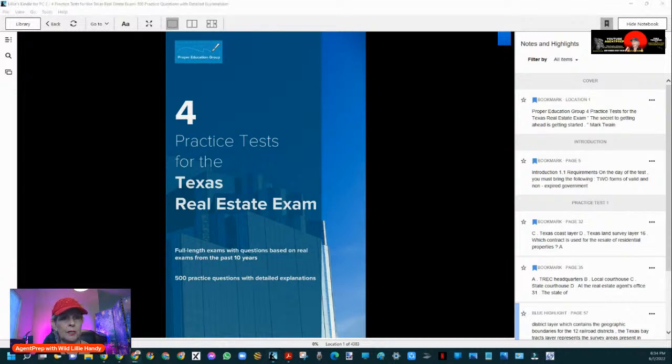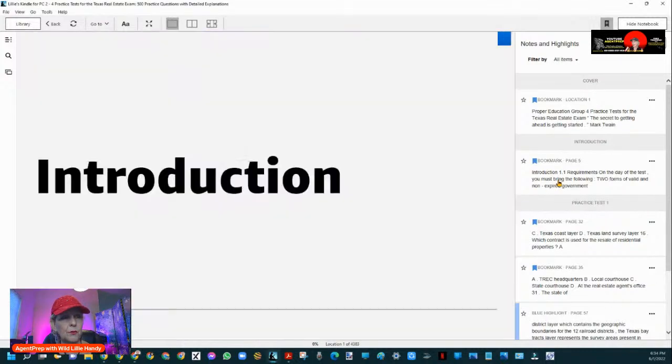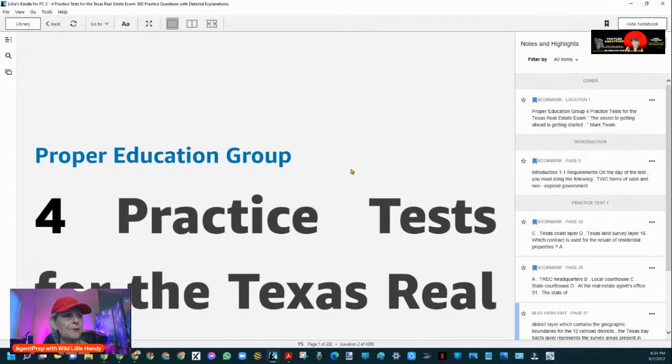So this is the book that I just bought a couple weeks ago. It's a new book. Once we finish the other one on national, I'll be moving on to this one to start national questions. But for now, we are doing state questions, starting with question number 31. This book also has 4 practice tests.